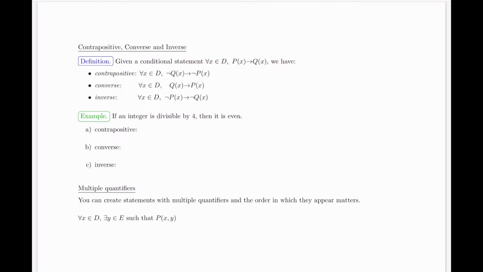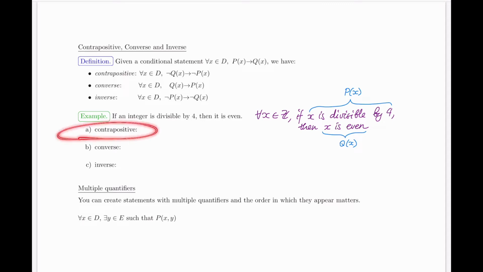If an integer is divisible by 4, which means that our domain is integers, so for all x in integers, if x is divisible by 4, then x is even. So we can clearly see our P and Q parts here. This corresponds to P of x, and this corresponds to Q of x.